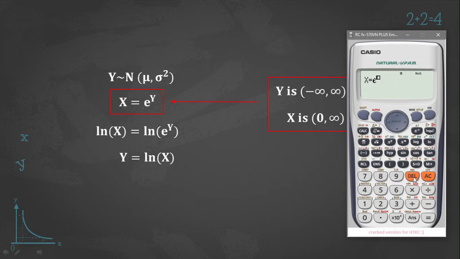Try natin is positive 5. Approximately 148.41 na ang value ng x. So makikita natin na papalapit talaga siya ng papalapit sa positive infinity. So makikita natin yung laki ng difference from exponent na 2 to exponent na 5.